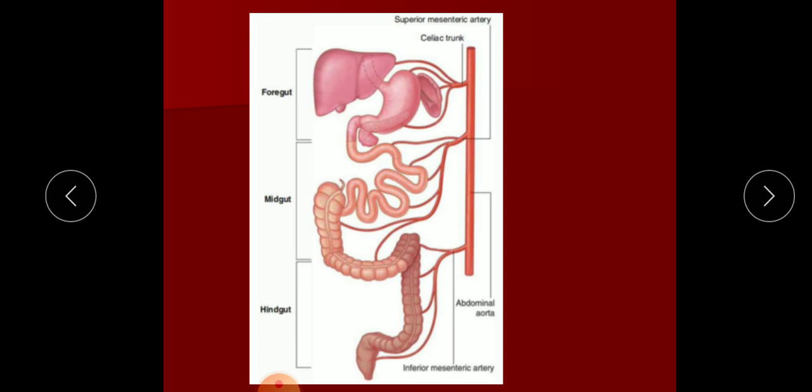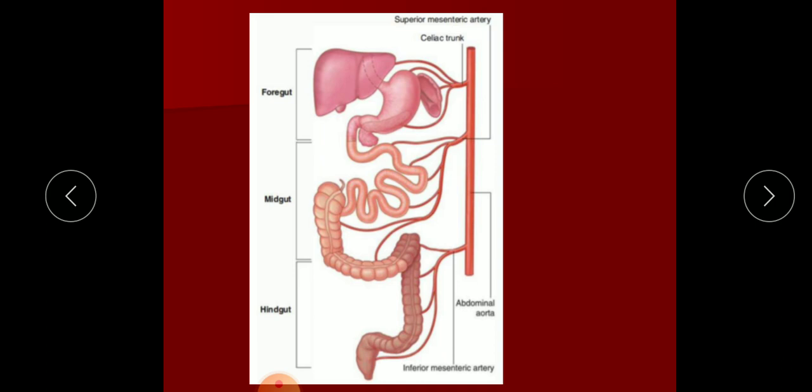And the artery of hindgut is the inferior mesenteric artery, which will supply those structures developing from the hindgut. So from the dorsal aorta you get three unpaired branches, each going to supply one gut.